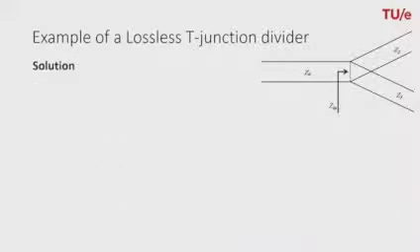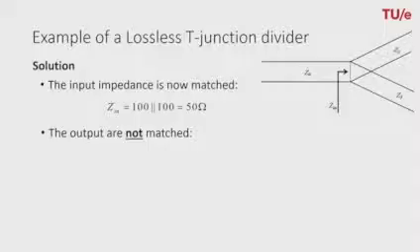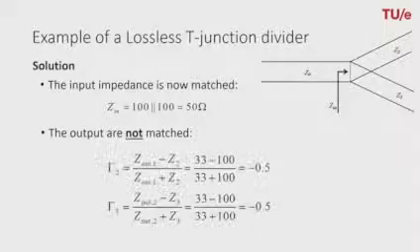If we look now at the output matching and the input matching of this divider, we see that first the input matching is indeed perfect, because looking at the input, we see an input impedance equal to 50 ohm, because we have two 100 ohm lines in parallel. However, if we look at the output, we see that the ports are not matched.